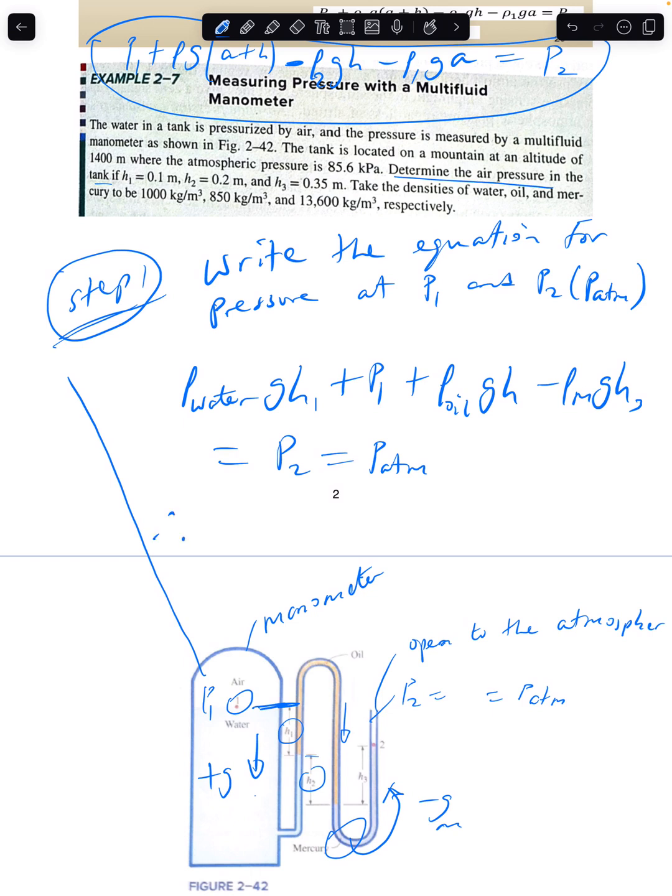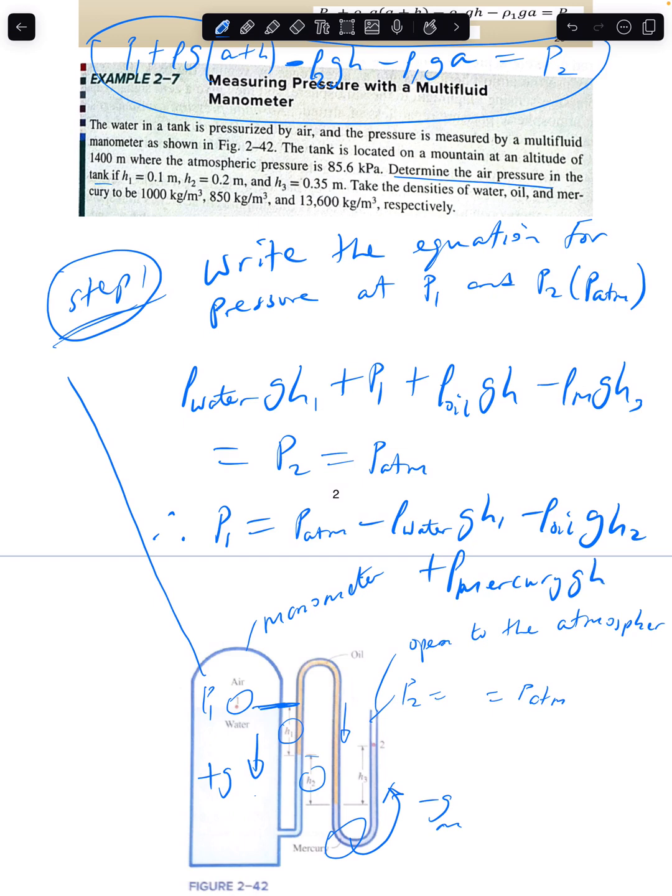So P1 is equal to atmospheric pressure minus density of water times G times H1, minus density for oil times G times H2, plus density for mercury times G times H3.